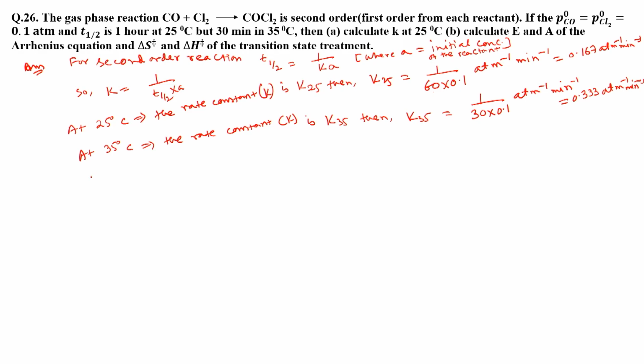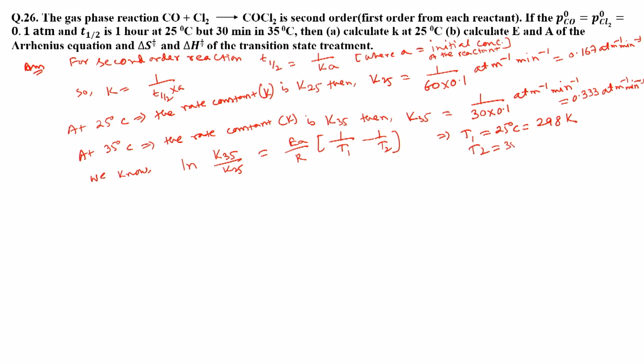Now we know ln K35 by K25 from the Arrhenius equation is EA by R times 1 by T1 minus 1 by T2. T1 is 25 degrees Celsius, meaning 298 K, and T2 is 35 degrees Celsius, meaning 308 K. So K25 and K35 we know.